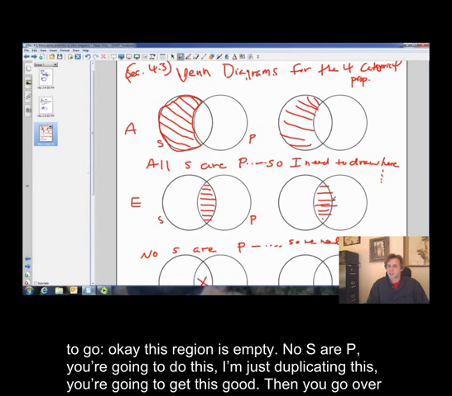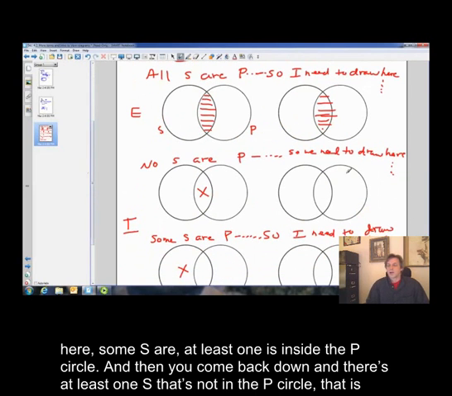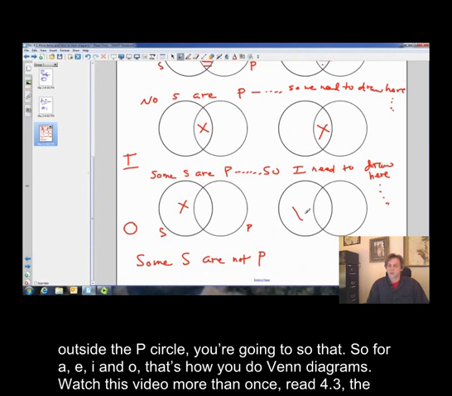You're going to get this good. Then you go over here, some S are P, at least one is inside the P circle. And then you come back down and there's at least one S that's not in the P circle, that is outside the P circle. You're going to do that, okay? So for A, E, I, and O, that's how you do Venn diagrams.